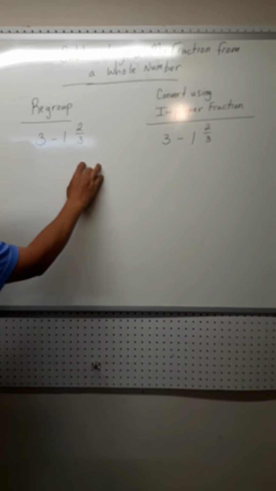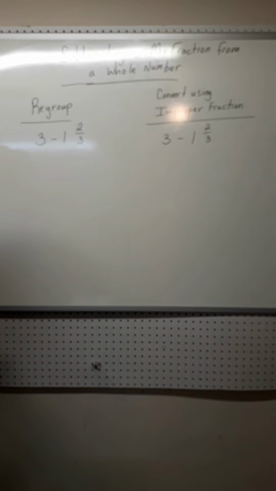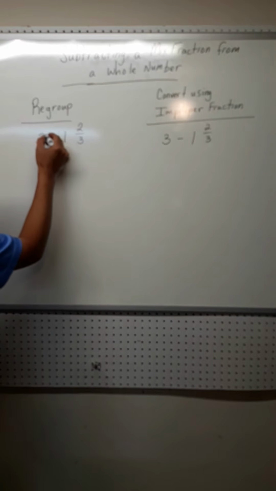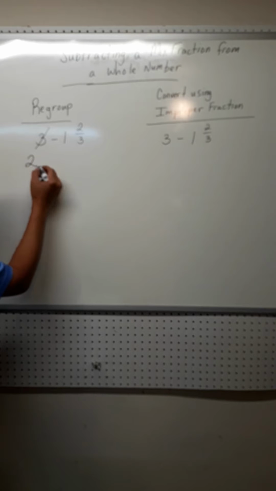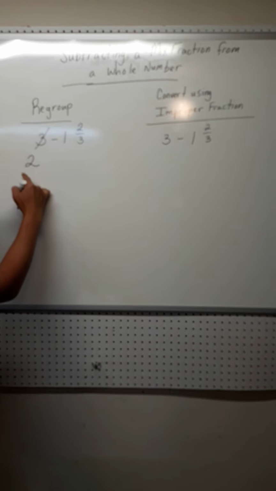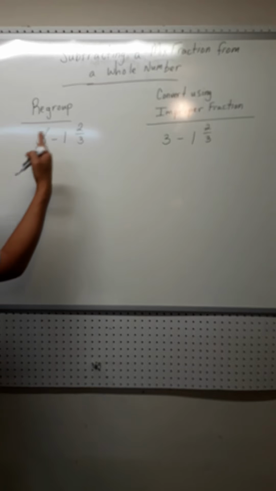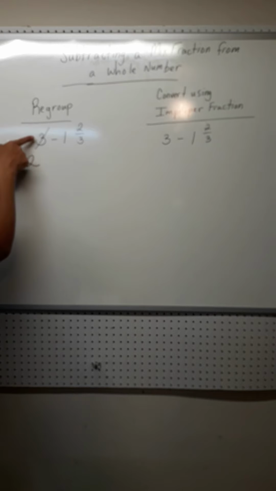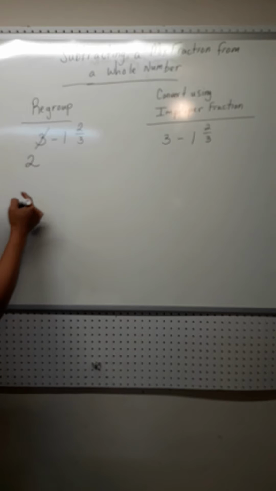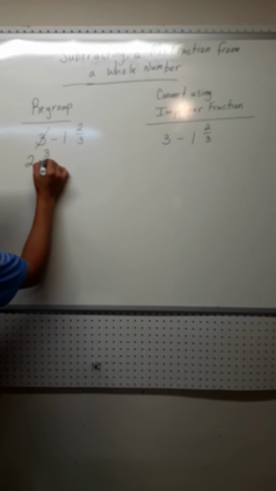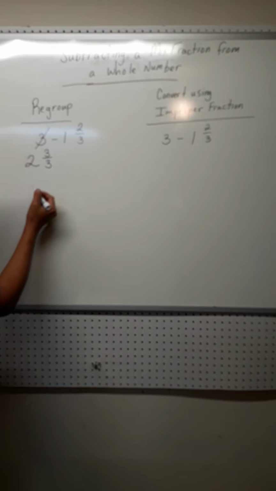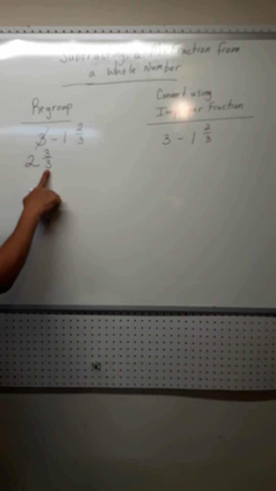So if that is the case, I can take this 3 and make it a 2, because 1 less than 3 is 2. And then what happened to that 1 that I took away from this 3? Well, if I look at my denominator, I can say that 3/3 represents another whole.